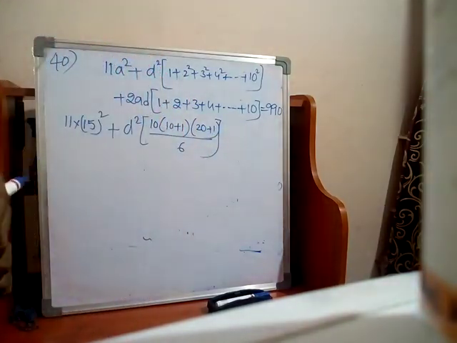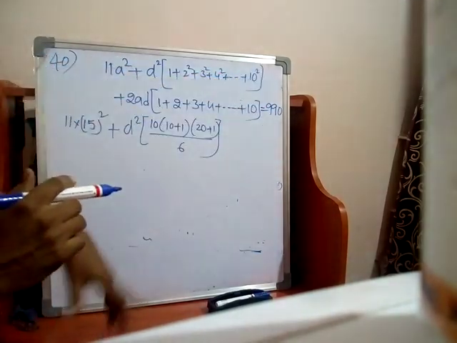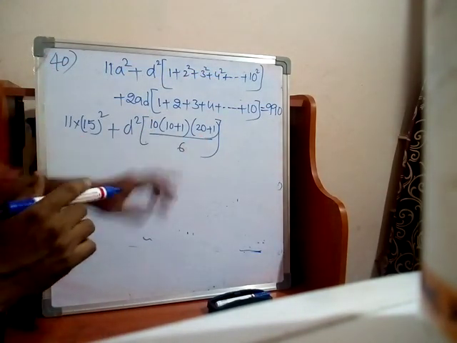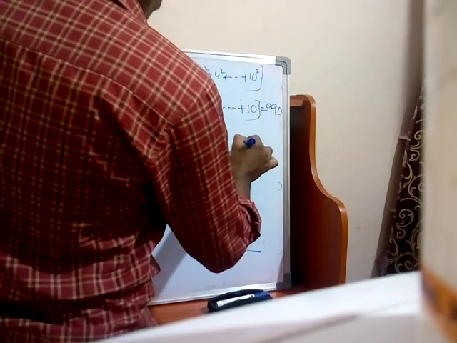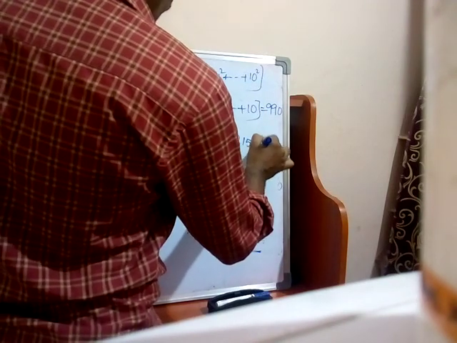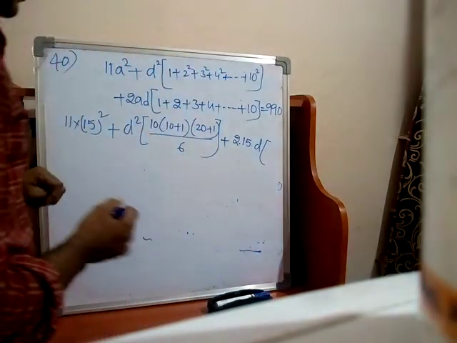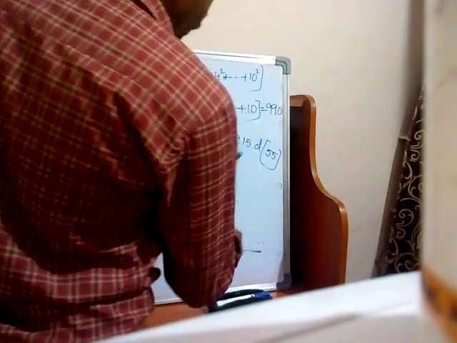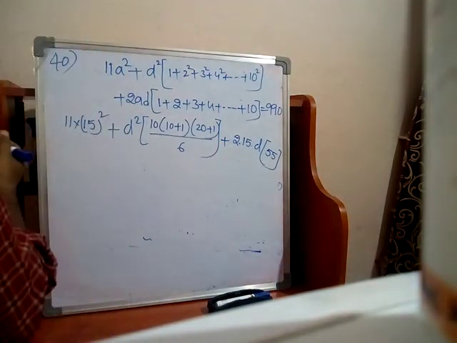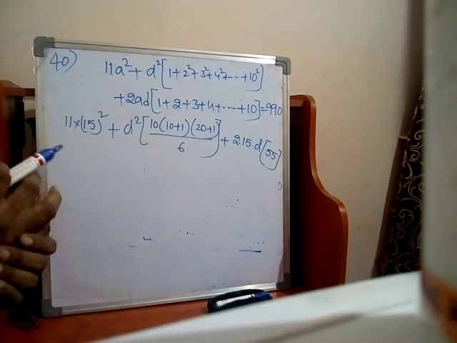Sum of the squares of 10 natural numbers, n into n plus 1 into 2n plus 1 by 6, plus 2 into a, means 15 into d. Sum of first 10 natural numbers, how much? 55. 10 into 11 by 2, 55.